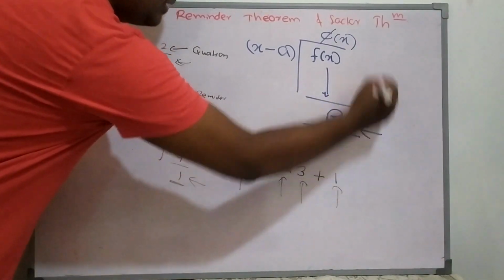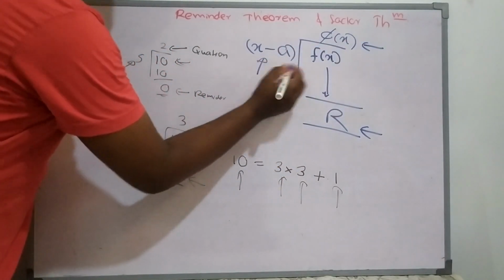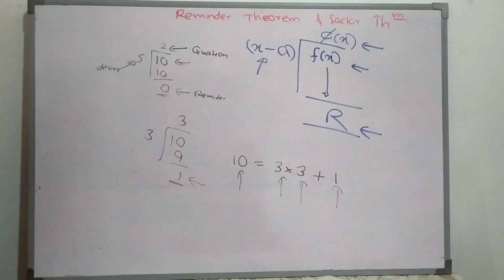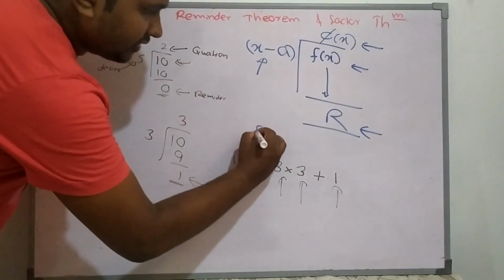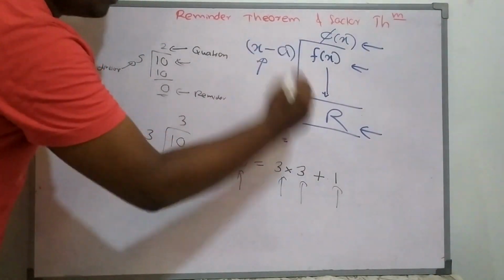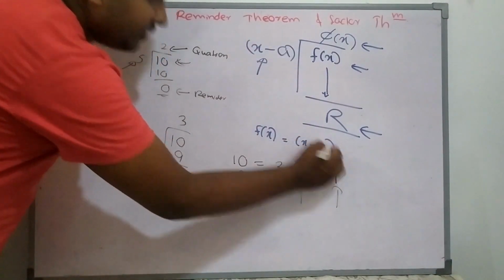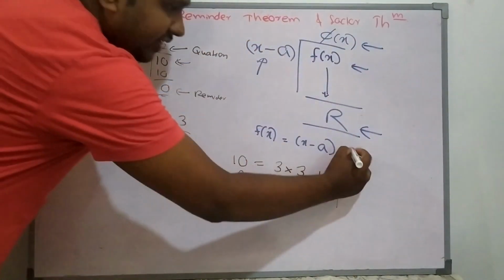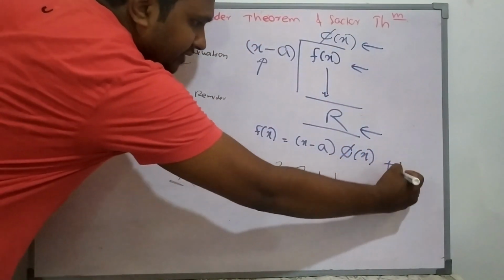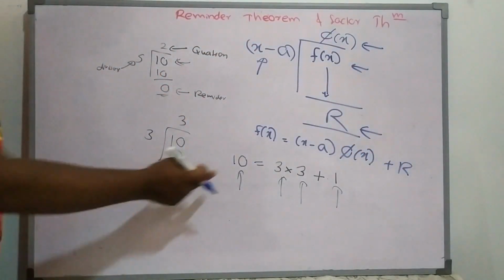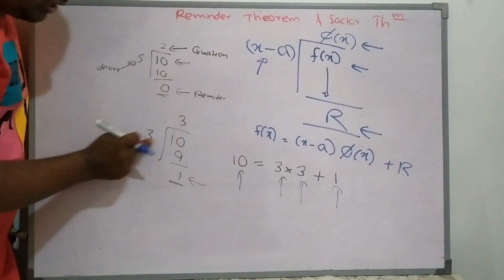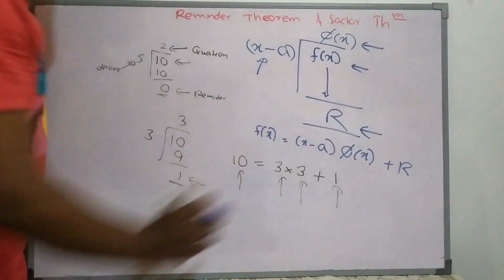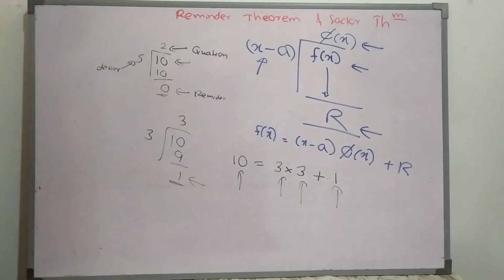This is the remainder, this is the quotient, this is the divisor, this is my function. Then f(x) is equal to (x minus a) into psi(x) plus r, like the previous case: 10 is equal to 3 into 3 plus 1.